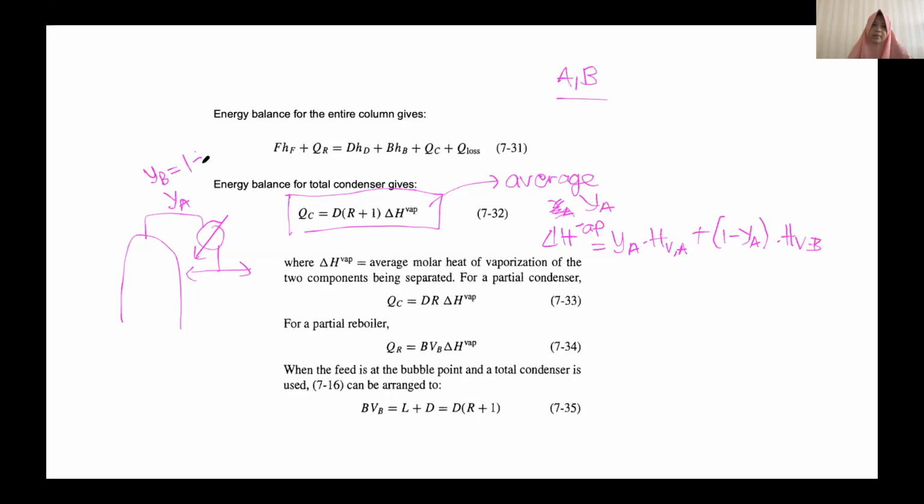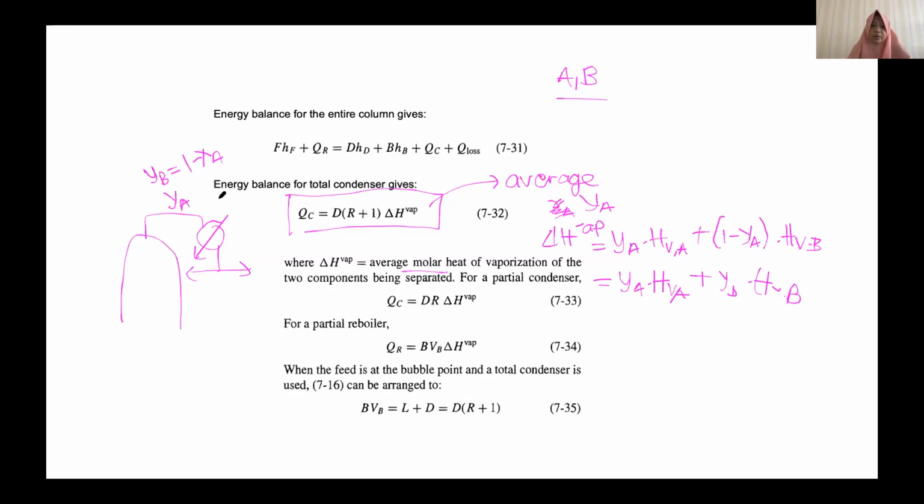Yeah, so the average enthalpy is basically YA multiplied by the enthalpy of A plus YB multiplied by the enthalpy of B. Just as simple as that, and then we just replace YB with 1 minus YA. So find the average molar enthalpy and then multiply by the distillate rate and also R plus 1, and then you get the Q condenser.